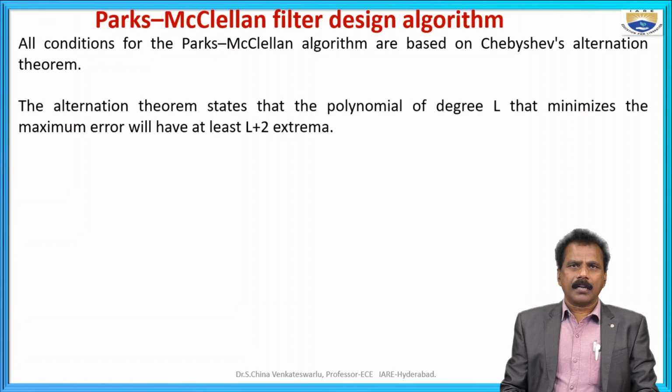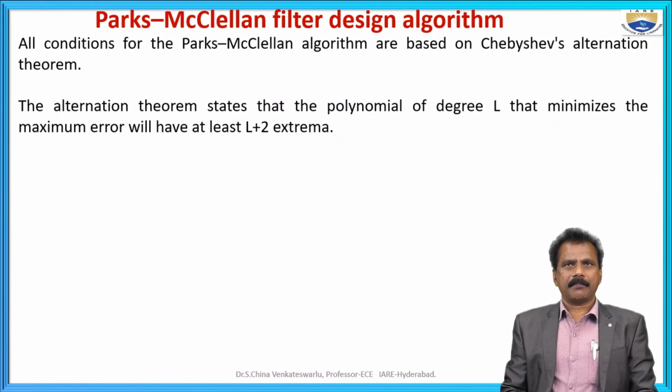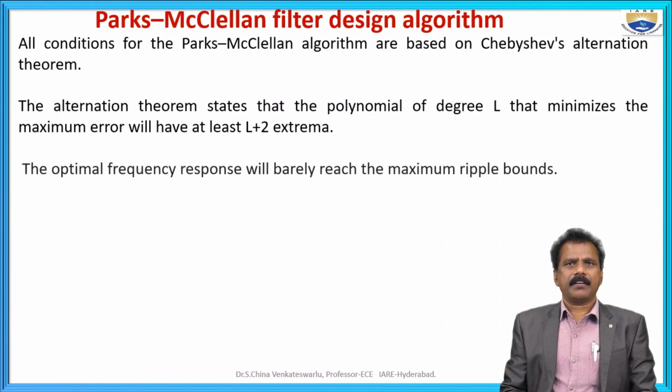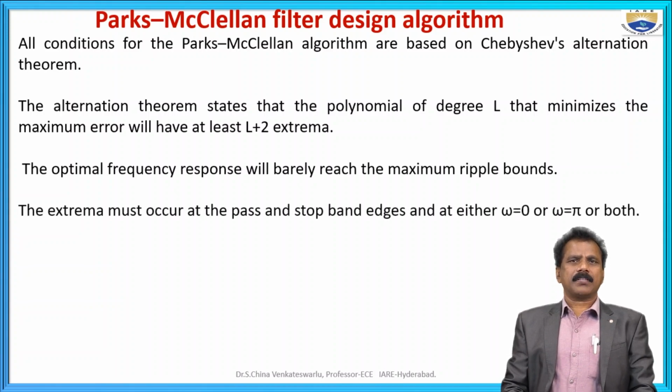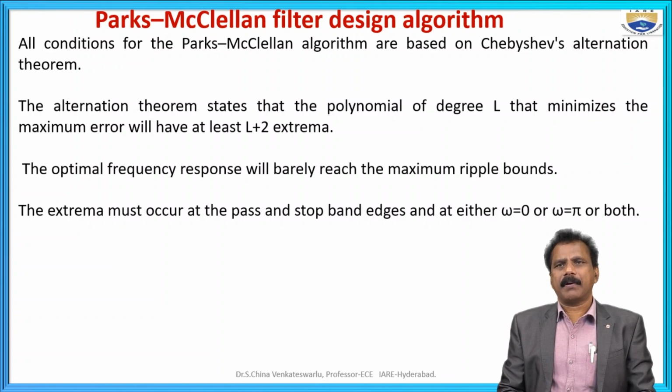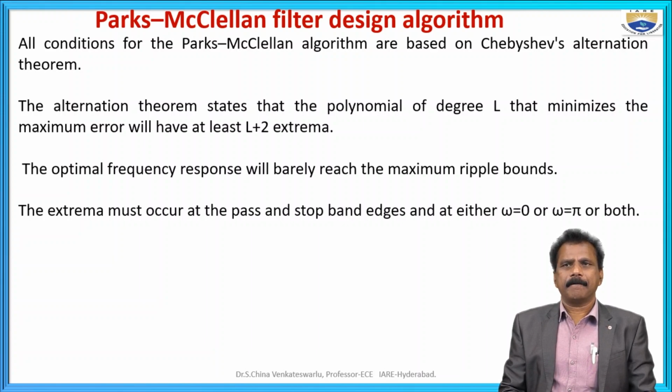The alternation theorem states that the polynomial of degree L that minimizes the maximum error will have at least L plus 2 extrema, as we have discussed. The optimal frequency response will barely reach the maximum ripple bounds. The extrema must occur at the passband and stopband edges and at either omega equal to 0 or omega equal to pi, or both.